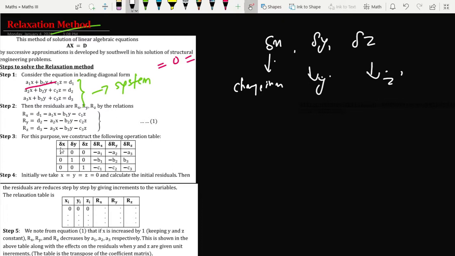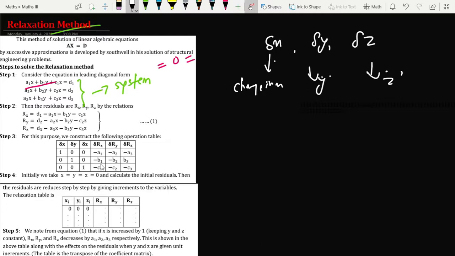If there is a change in delta x, we can express it by 1 or 0. If the change in delta x is 1, there is no change in delta y and delta z. If the change in delta y is 1, there is no change in delta x and delta z, and similarly for z. So what is the effect of these changes on the residuals?